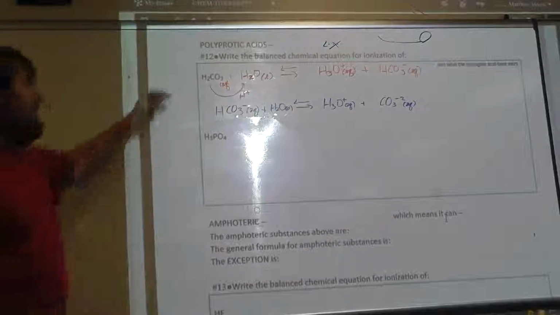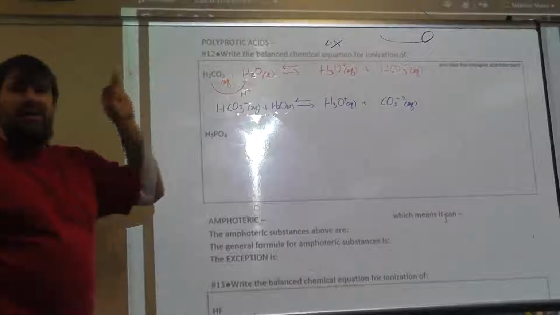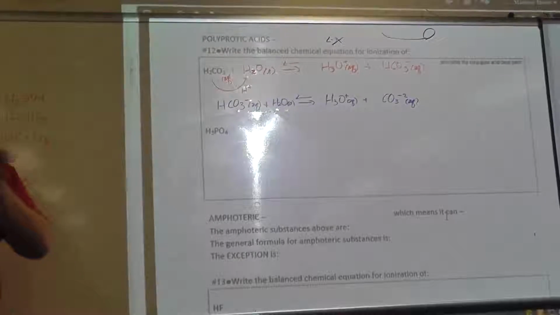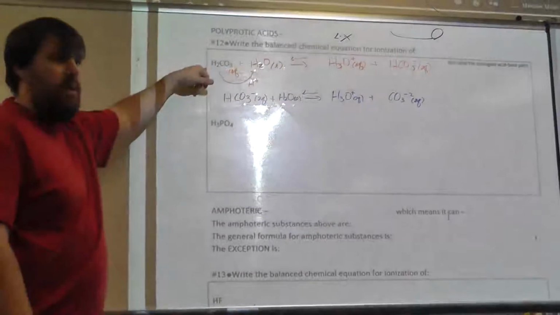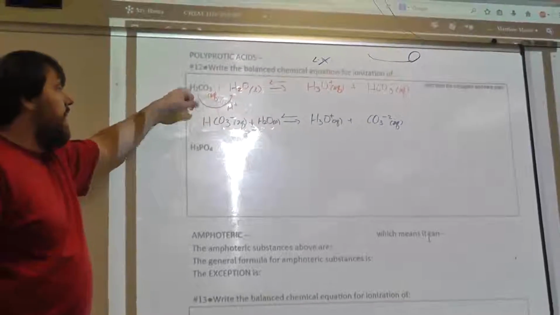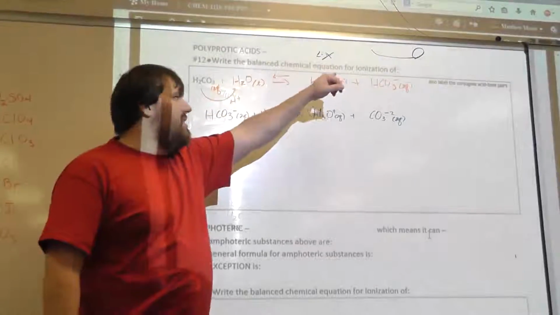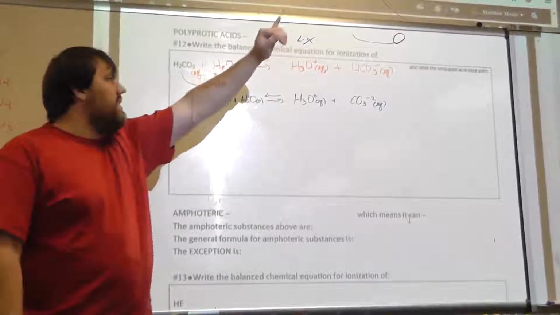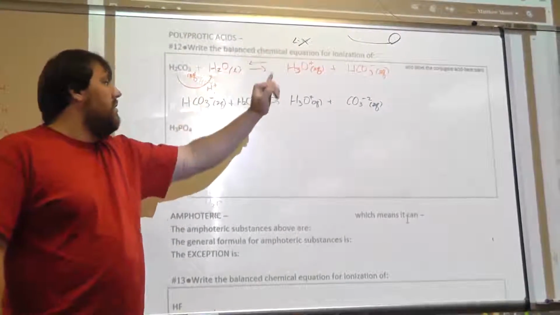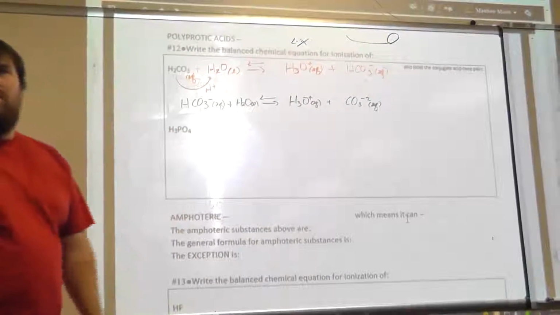Okay. Anytime you're doing ionization, it is the release of a single hydrogen. Single. You can't do both of them in one step. That water can only take one hydrogen at a time. You need a completely separate water molecule here to take that second hydrogen. Okay?